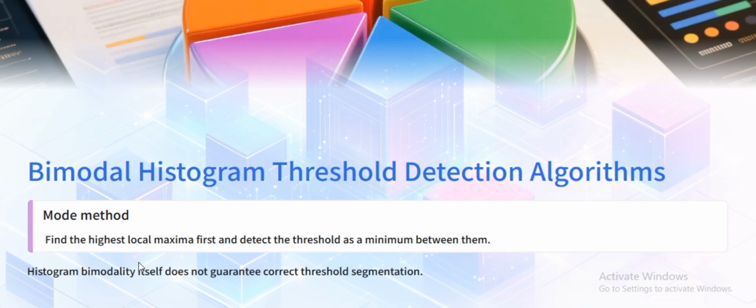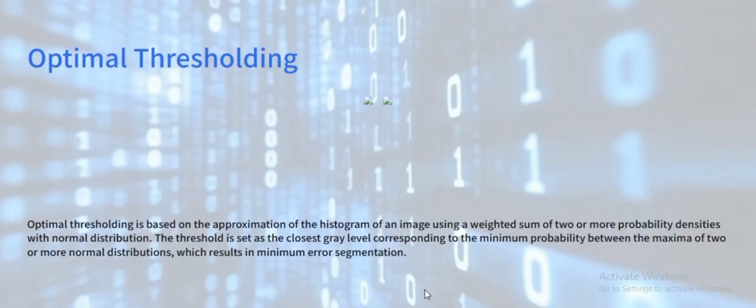Based on that, we find the threshold value, the minimum value present between the maxima. This process will not guarantee that we are selecting the correct threshold segmentation.